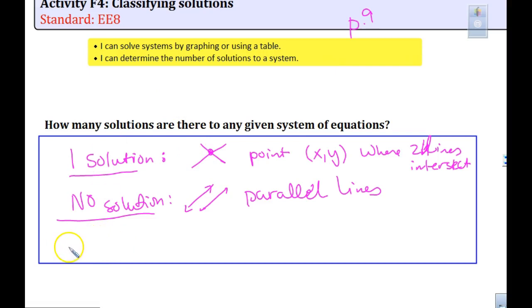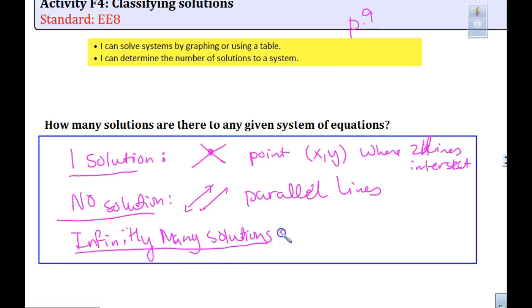The last one that we are going to have is infinitely many. So infinitely many solutions, a lot of these we saw when we put them in our Desmos calculator.